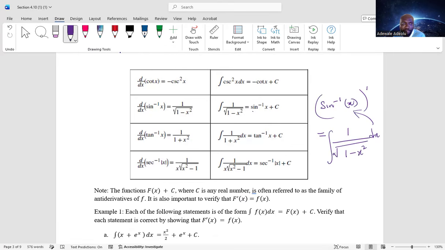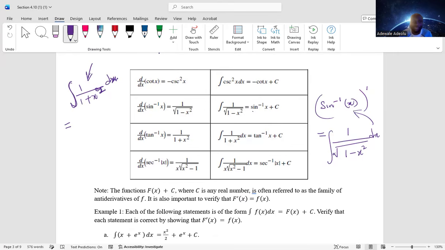And also, what about this? 1 over 1 plus x squared dx. You remember, like I said, anytime you use this integral sign, you must put dx to show that variable you are integrating with respect to. Now, in this case, I'm simply asking you to give me that function such that when I take its derivative, my result is 1 over 1 plus x squared.